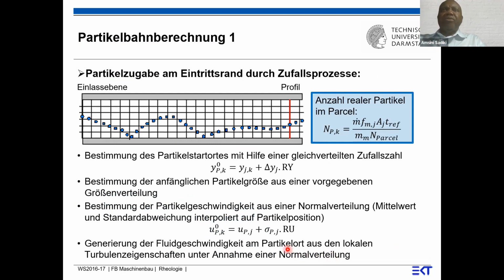And here we have our particles. We have the particle, we have to track it within this profile, within this area. And it is there where we have to get the profile. So we use the number of real particles in parcels and the mass flow. And here we have the surface, the time, and we have the flux.